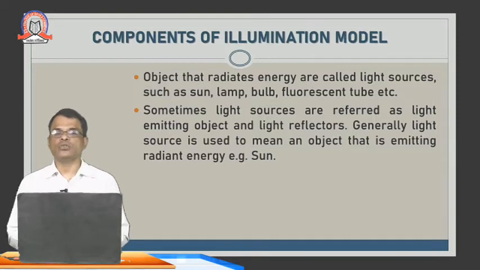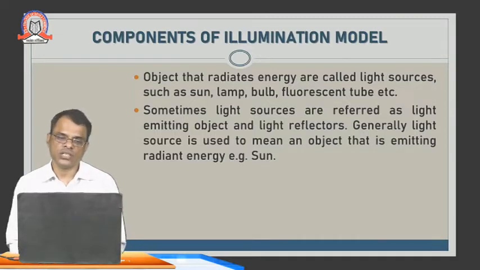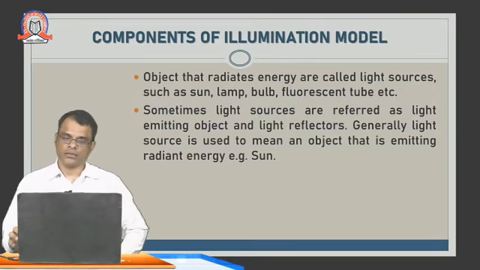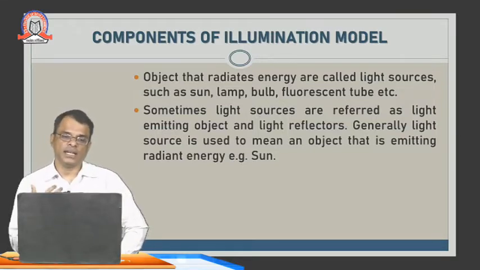Sometimes light sources are referred to as light emitting objects and light reflectors. Generally, a light source is used to mean an object that is emitting radiant energy. Example, the sun. Basically, it is a light emitting source. The best example is the sun, which emits radiant energy.